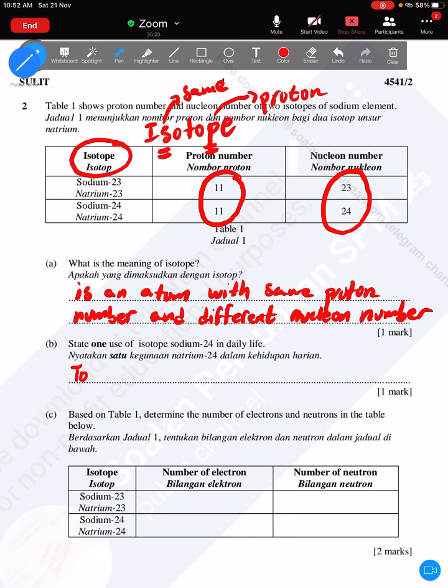To detect the leakage of underground pipe. Okay, done.